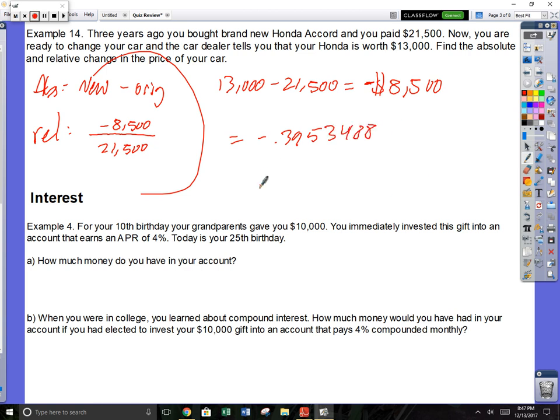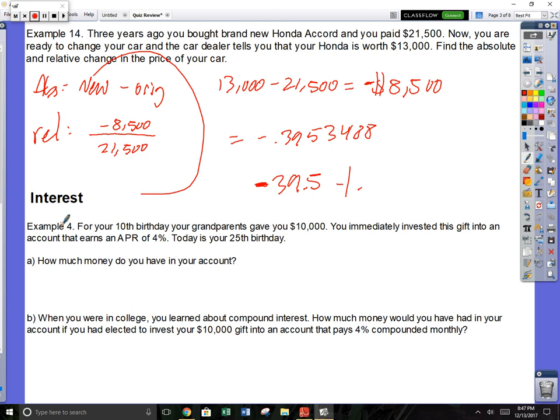So that means it is a negative 39.5% change. So the negative means you lost. So it's worth less now than it was when it started.